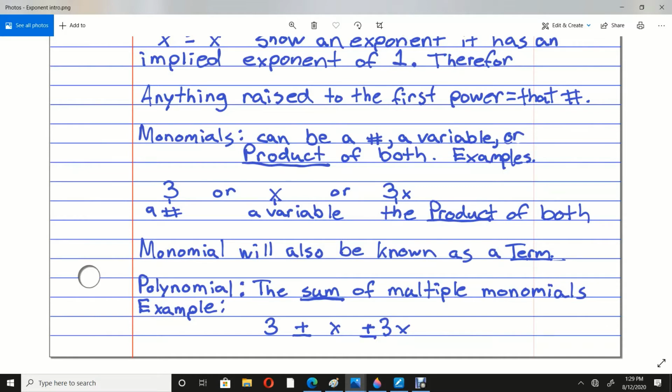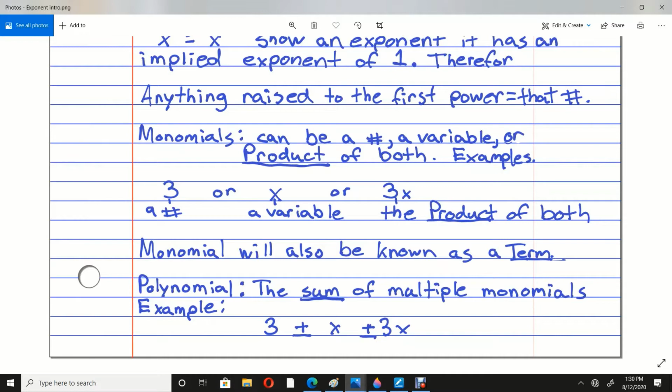Polynomial. So for those of you who may know your Latin, mono means one. Poly means more than one. A polynomial is the sum of multiple monomials. For example, 3 plus x plus 3x. So again, it's the sum of multiple monomials.